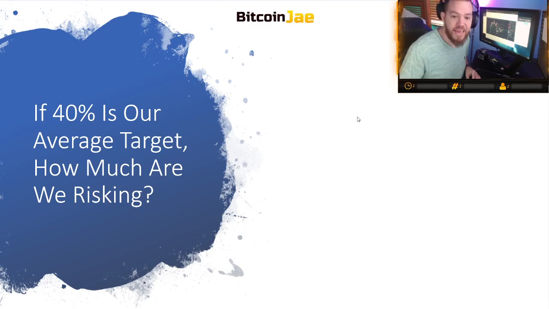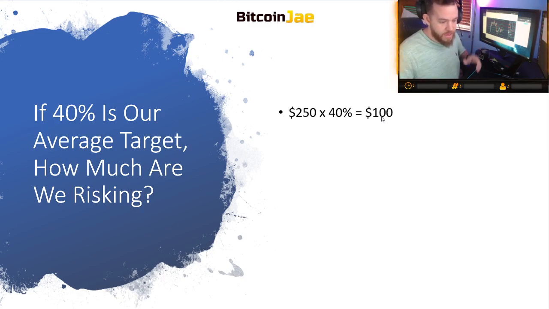So if 40% is our average target, how much are we risking for that 40% to equal $100 profit? So I did the math here, and $250 times 40% equals $100. So if our position size equals $250 and we make 40% profit on those $250, we just earned $100 profit on that one trade, right?